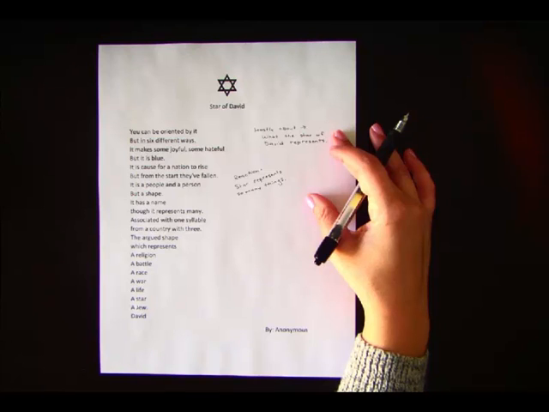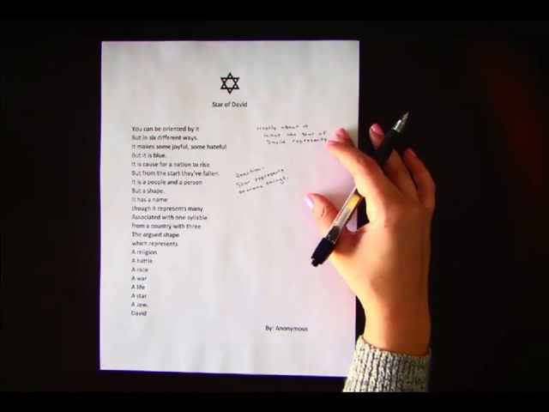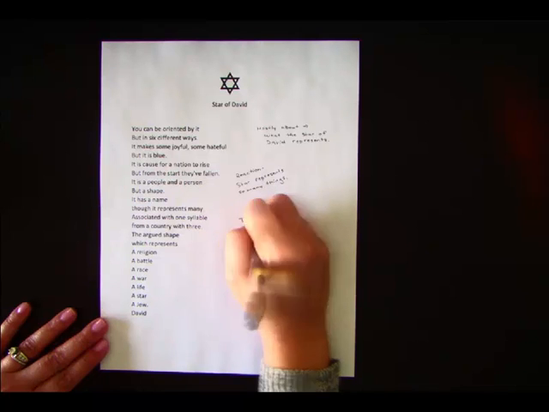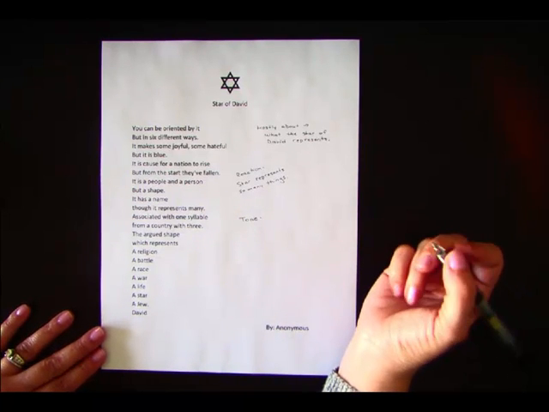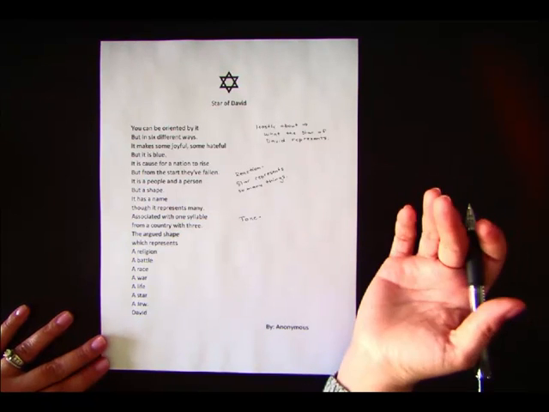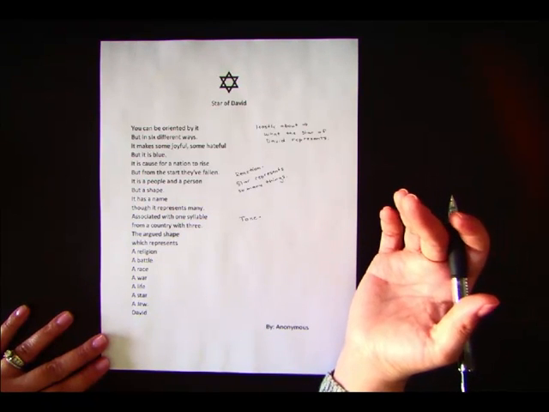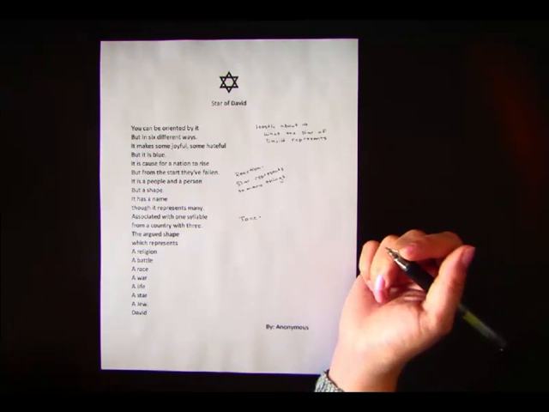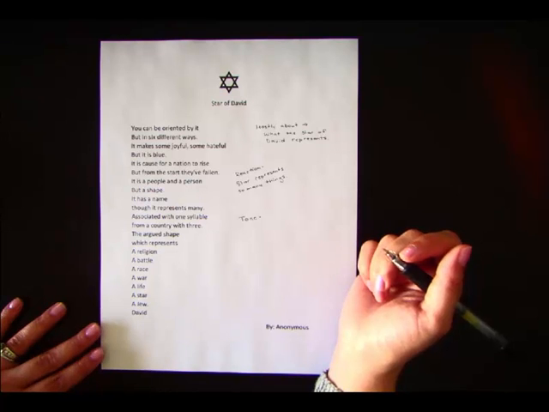Okay, and remember, tone indicates the writer or the author's mood, voice, and attitude towards a subject. Okay, so there is definitely a tone within this poem. Tones are usually written as adjectives because they are describing how the author was feeling.